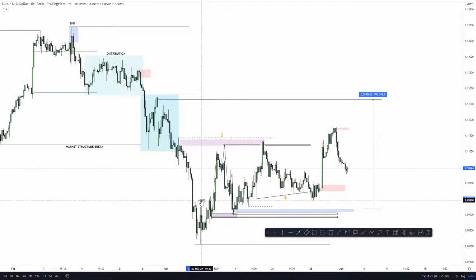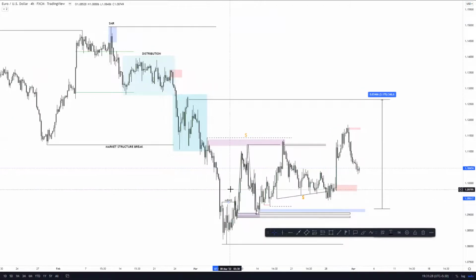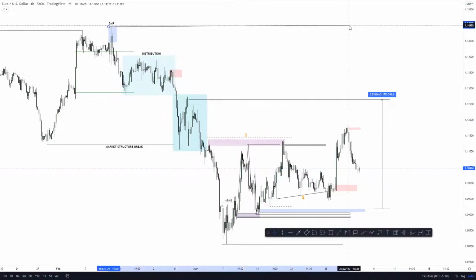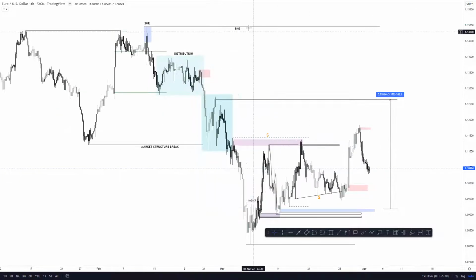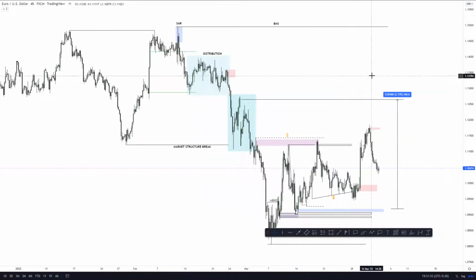So price just made a minor BMS, so I will look for buys around some order blocks in here or around here. And if price takes out this last high, that's where I will call the market a major BMS. I hope you guys understand.